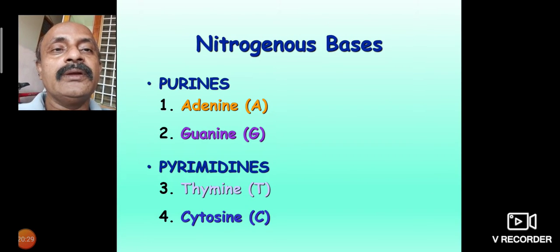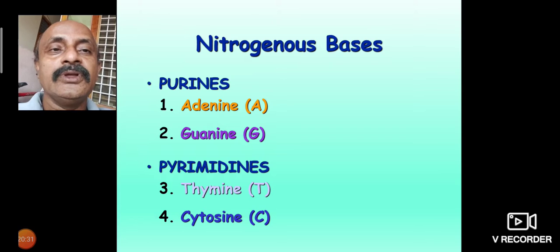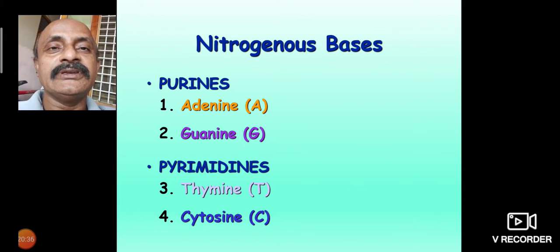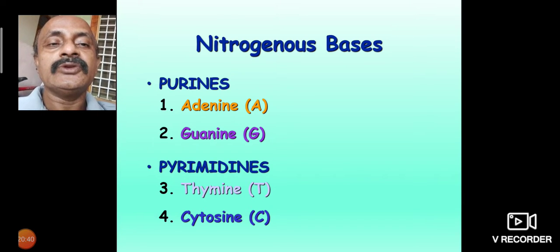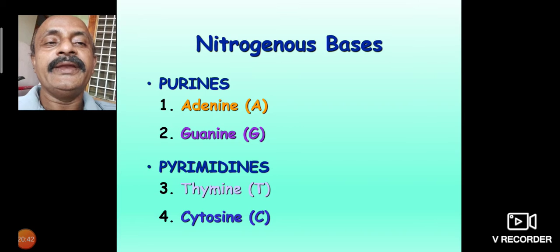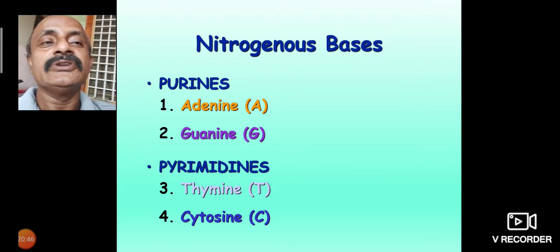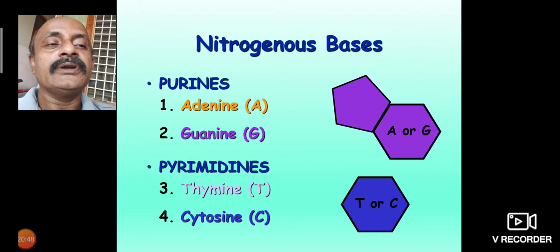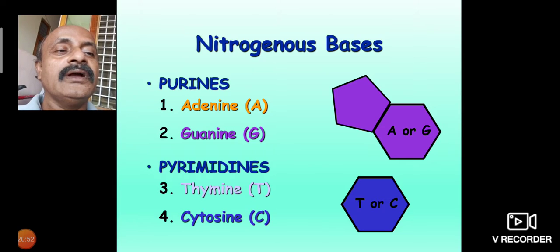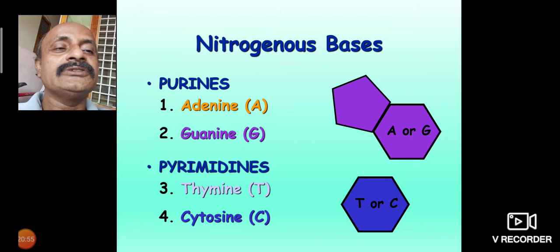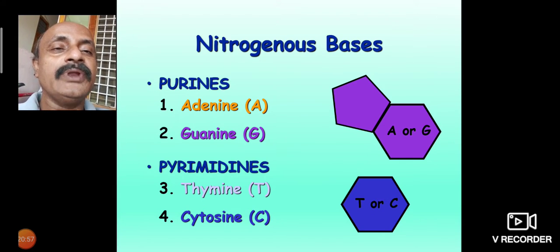Now the purines and pyrimidines. The purines are adenine and guanine, and the pyrimidines are thymine and cytosine. In total there are two purines and two pyrimidines, and adenine always bonds with thymine, guanine with cytosine.